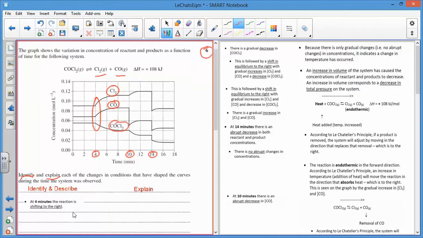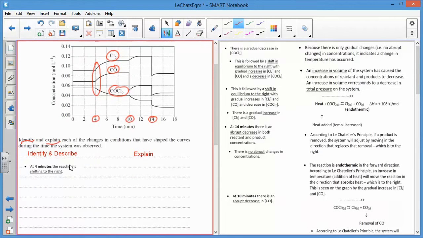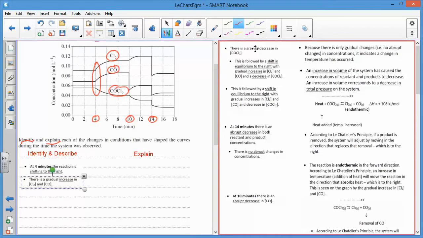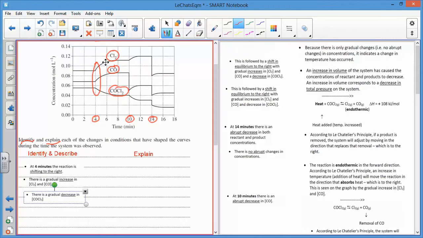So continuing with describing the changes, there's a gradual increase in the concentrations of the products, you've got the corresponding gradual decrease in the reactant, and you've identified that there's no abrupt changes in the concentrations.